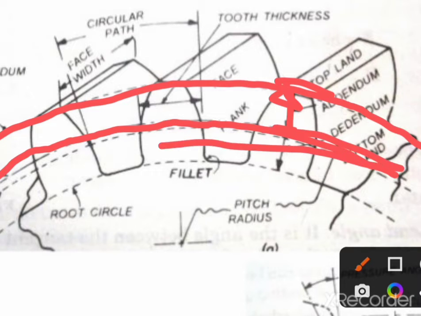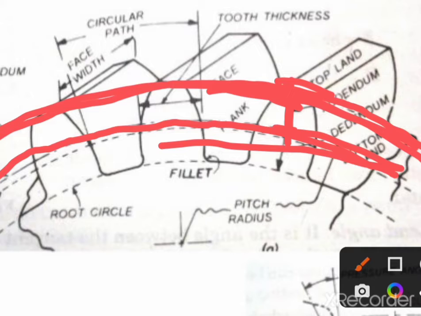This is the pitch circle and this is the tip of the tooth. It is the radial height between both, and this is nothing but the addendum circle. The addendum circle is the circle which limits the top of the gear tooth and represents the maximum diameter of that gear.